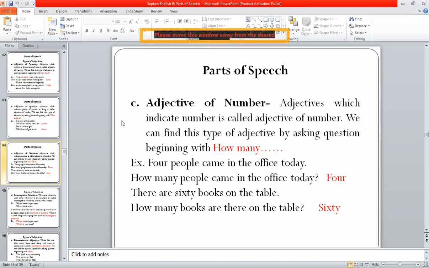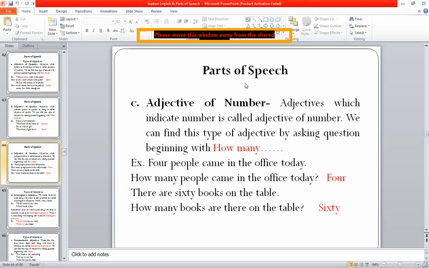If we ask a question beginning with how many, it is answering the question, and that answer will be the adjective of number.